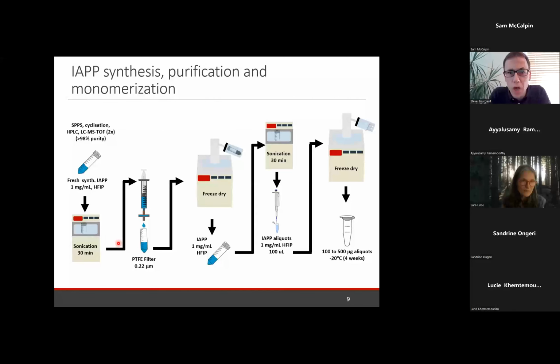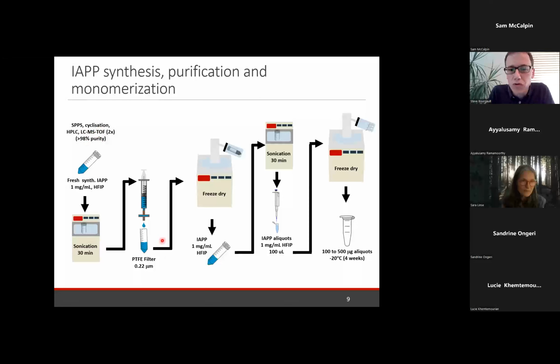In my group, we're working on the islet amyloid polypeptide, and we have established a really robust monomerization and sample preparation protocol. We do the synthesis in our lab, so we can purify it 2, 3, or even 4 times. We confirm the purity and the identity of the peptide by high resolution mass spectrometry.